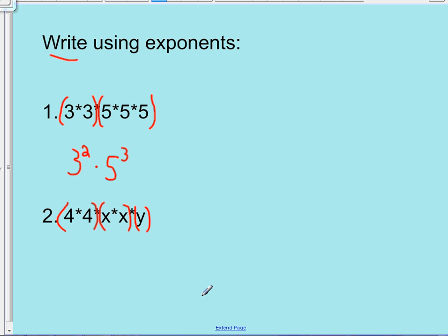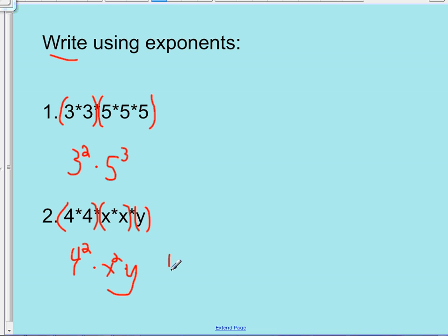We have 2 4's, so we do 4 squared times, then we have x, we have 1, 2, so that's x squared, and then we only have 1 y, so we can just write that as y. Just as y.